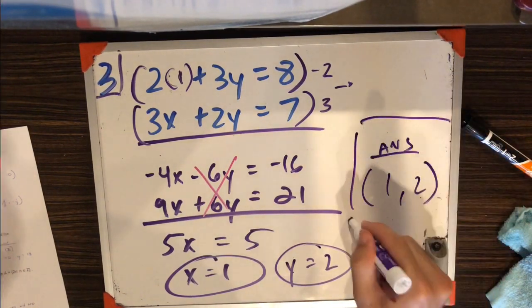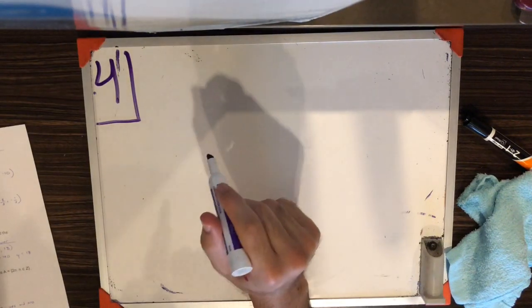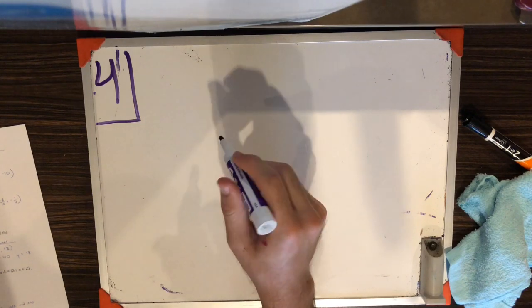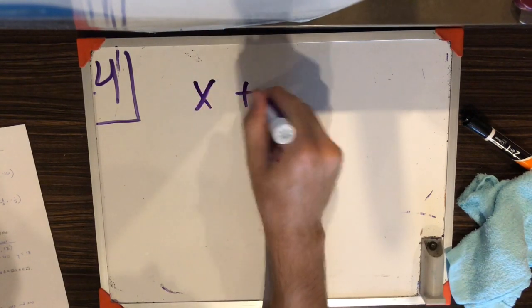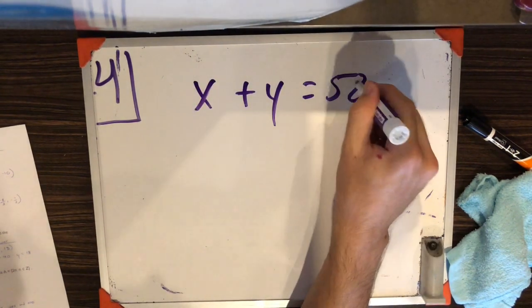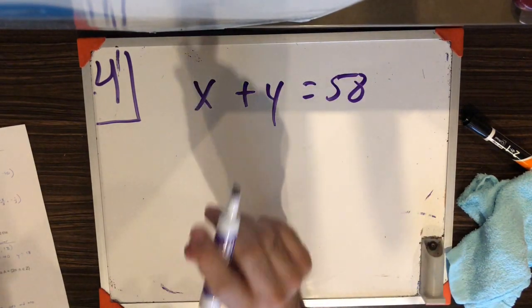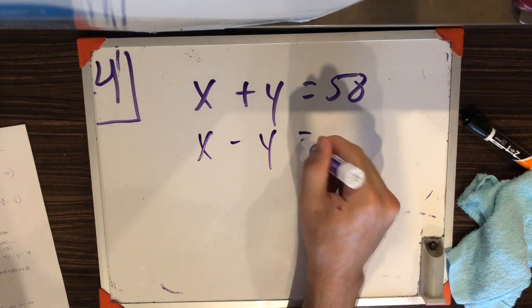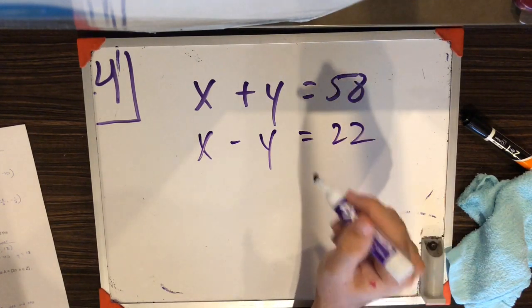All right, number 4 is all about the setup. I have two numbers that have a sum of 58. So two numbers that have a sum, x plus y equals 58. The difference between the two numbers is, again, difference meaning minus, 22, okay?